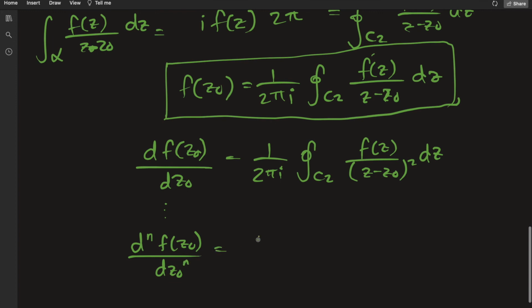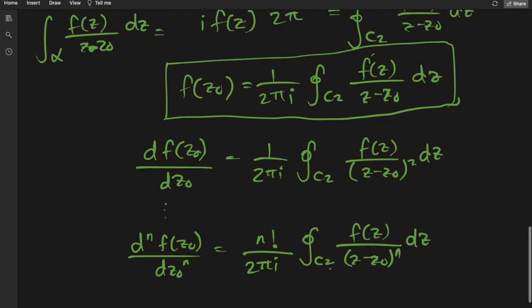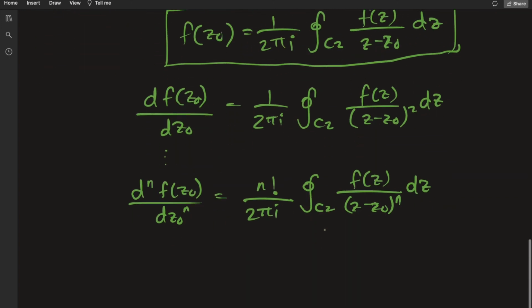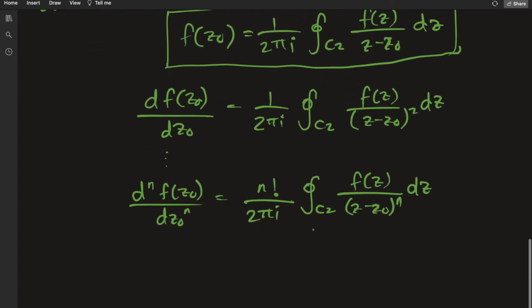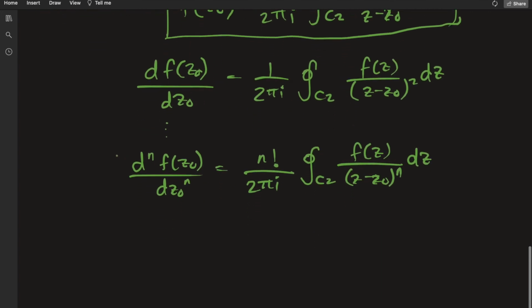You have n factorial over 2 pi i times the contour integral over C2 of f of z over z minus z naught raised to the power n plus 1 dz. So these are consequences of the Cauchy integral formula, and I think we're going to find this particularly useful later when we talk about Taylor series and Laurent series.